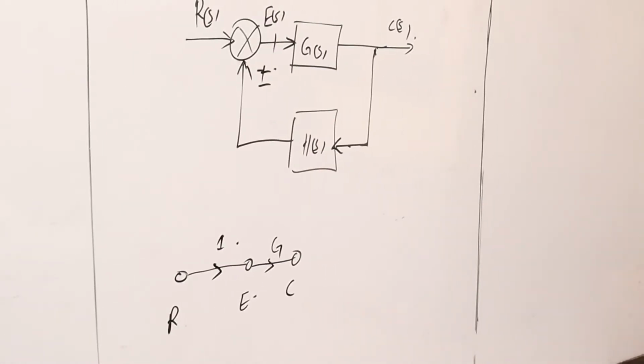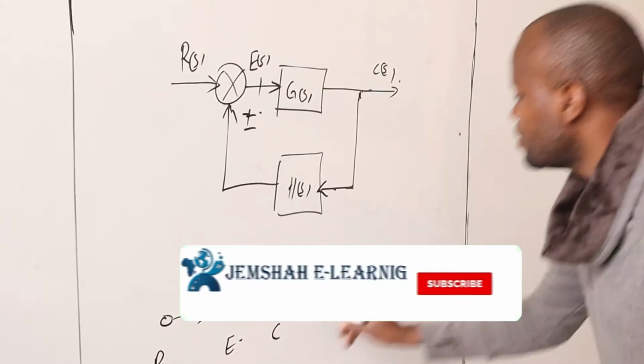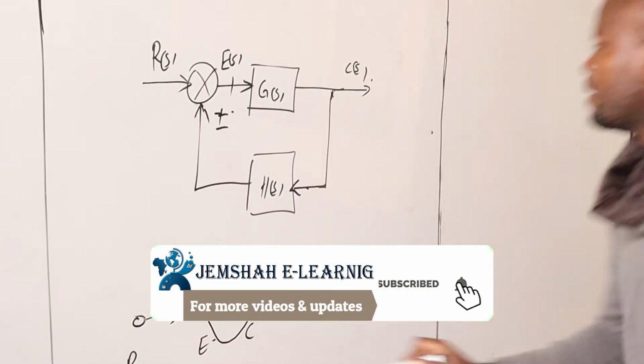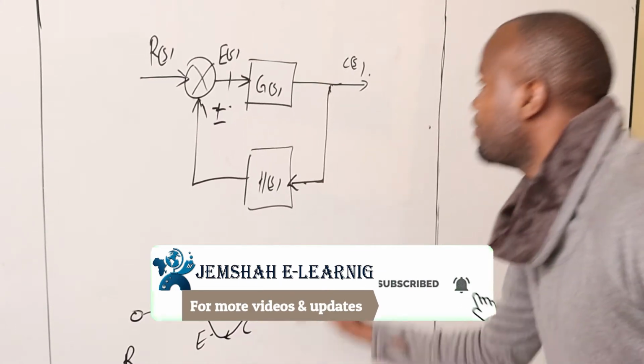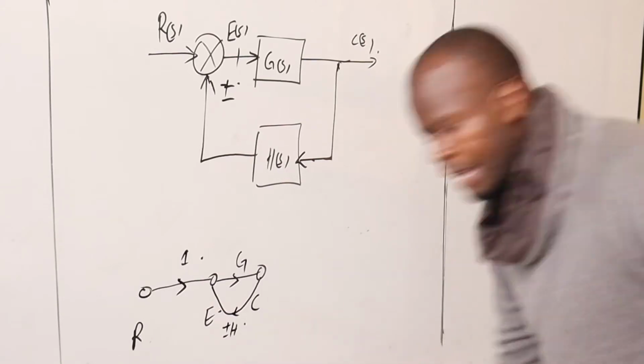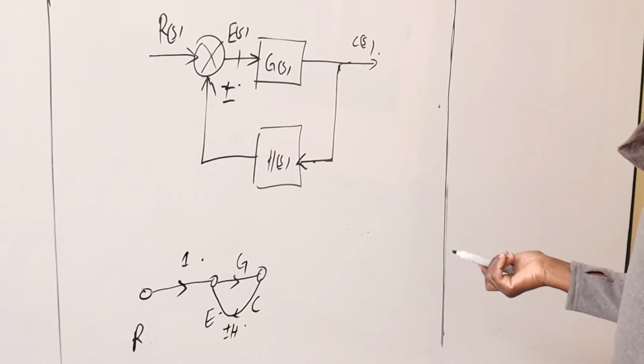Therefore, you can find H. H comes from C and goes back, and that is where we have H, taking positive and negative H in that manner.